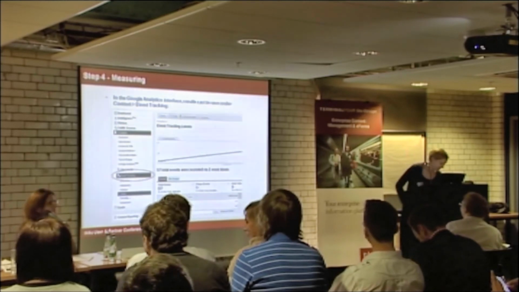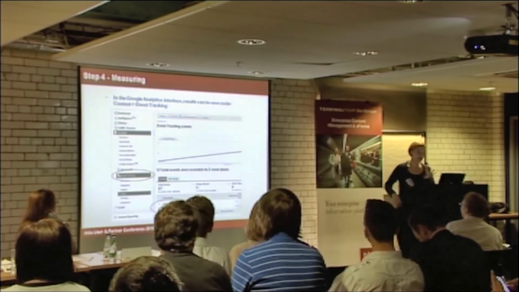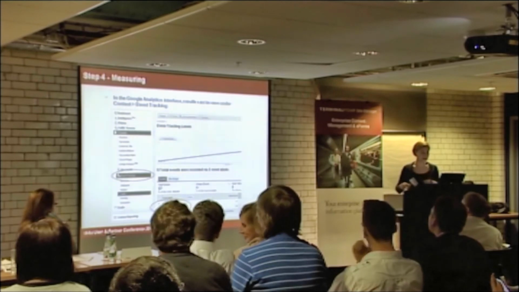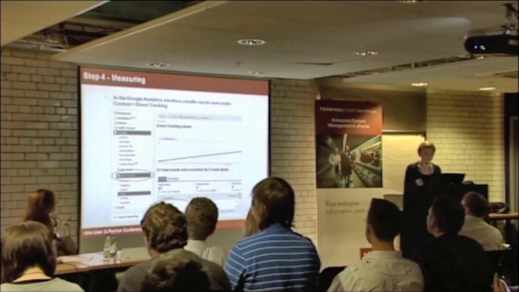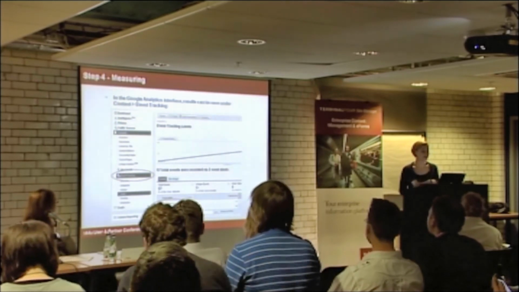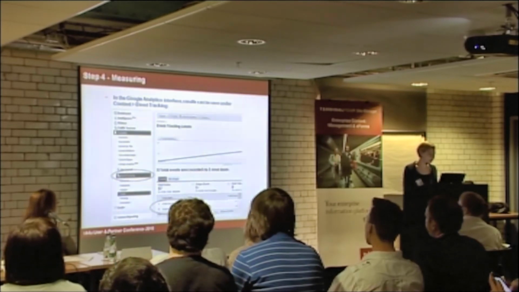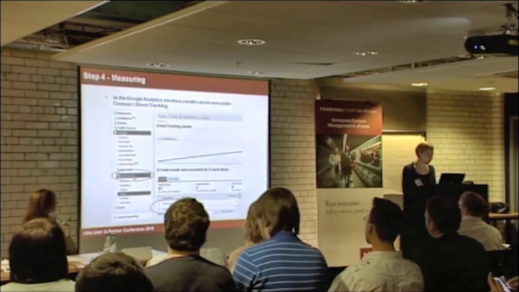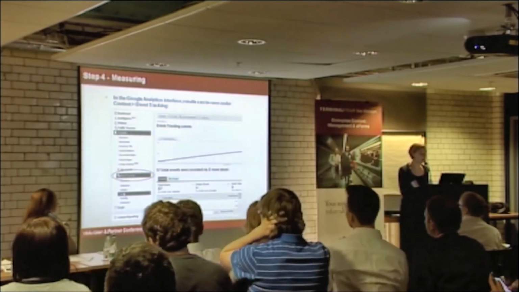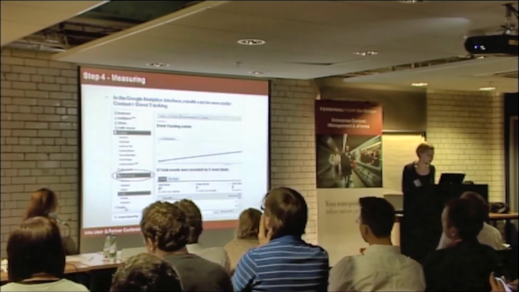And after a couple of days or maybe a few weeks, you can start seeing the results. You can log into your Google Analytics interface. Here we are in the event tracking section, and we are looking for the results for the labels.